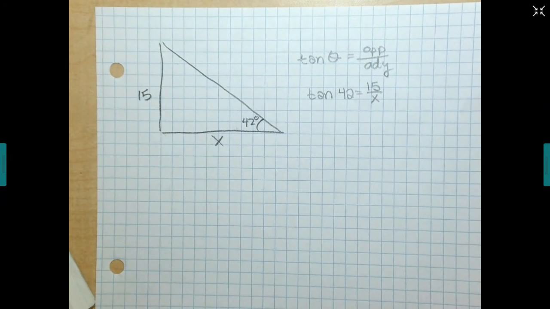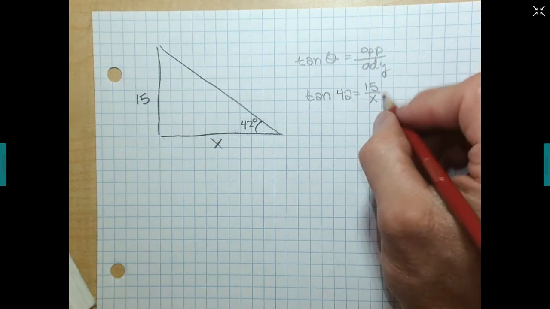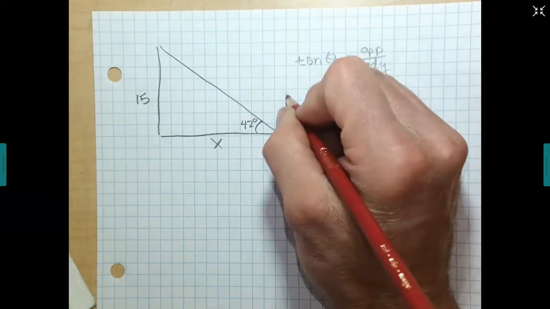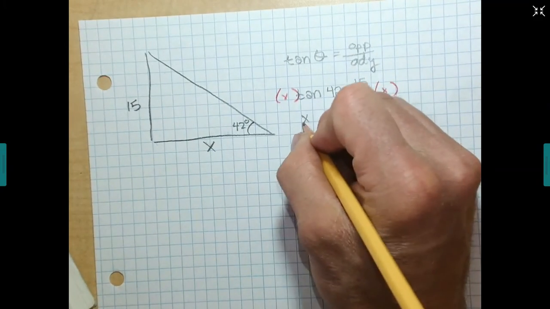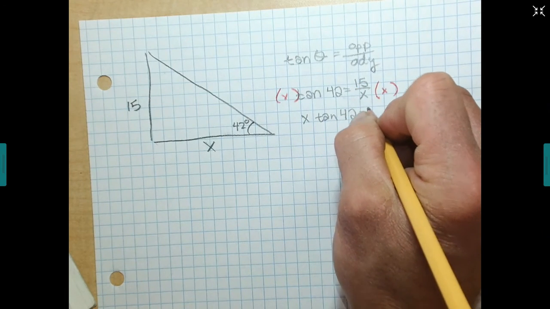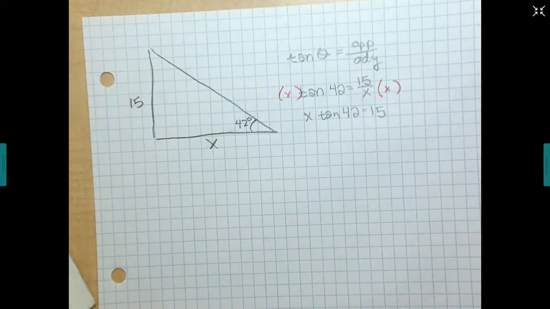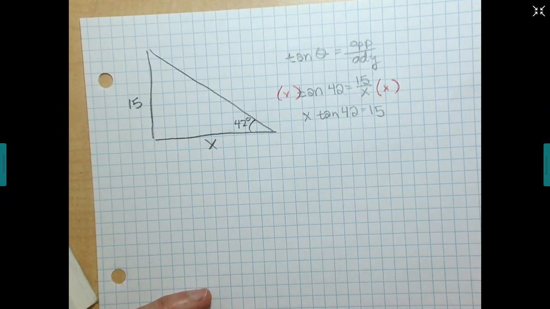A little bit different because here we're going to get x in the denominator. We have to multiply by x. So you have x times tangent 42 equals 15. Well, I need to get the x by itself, so I need to divide both sides by tangent 42.